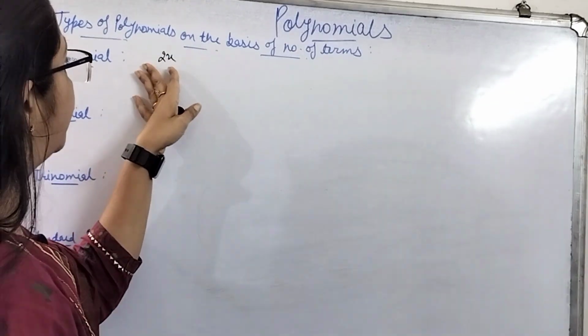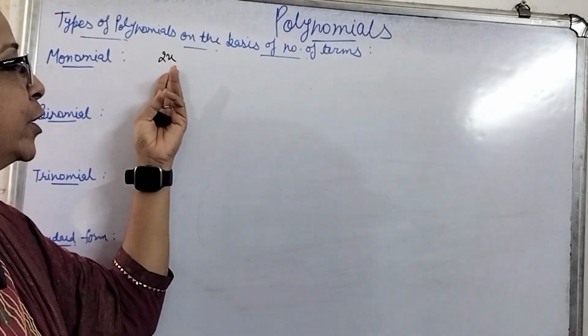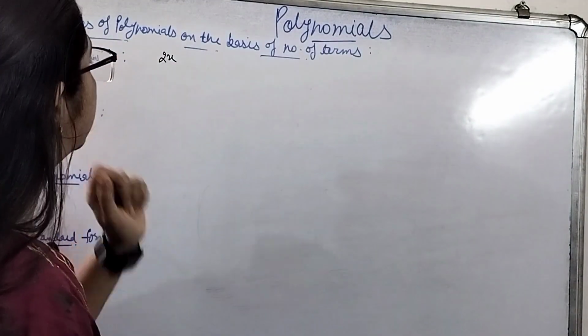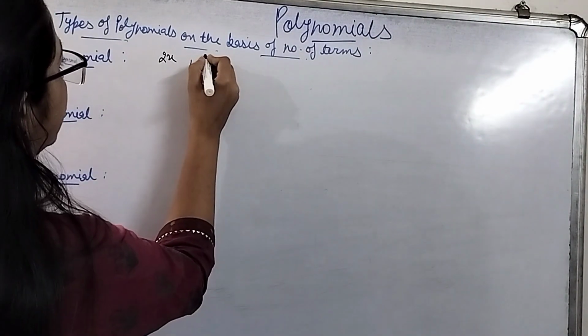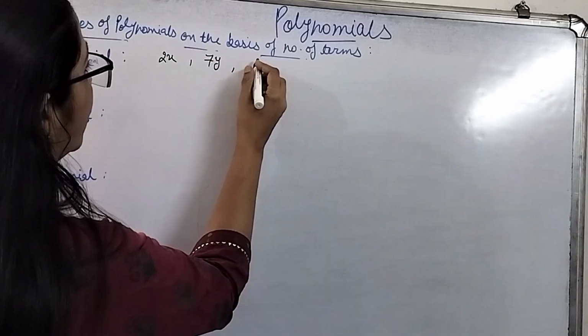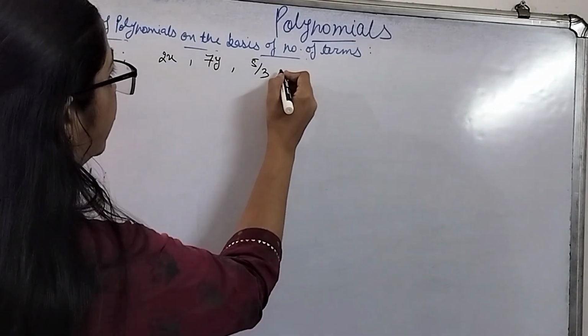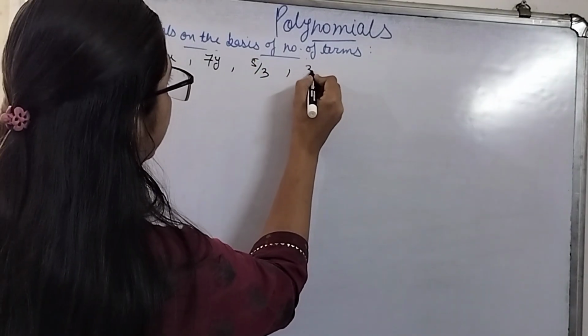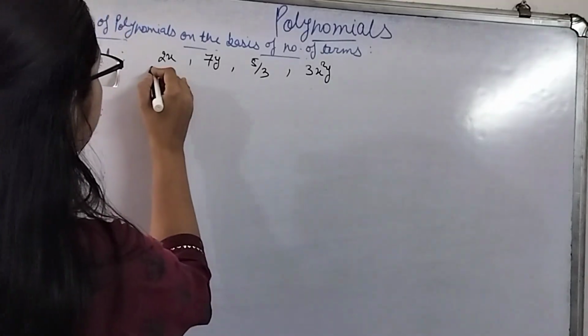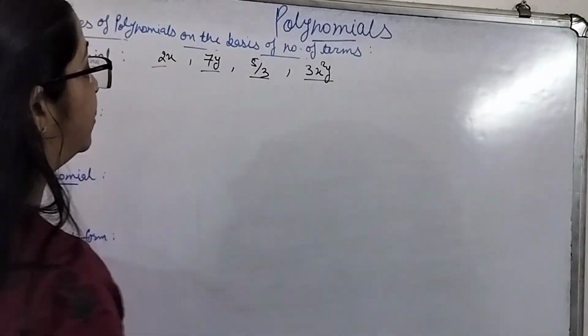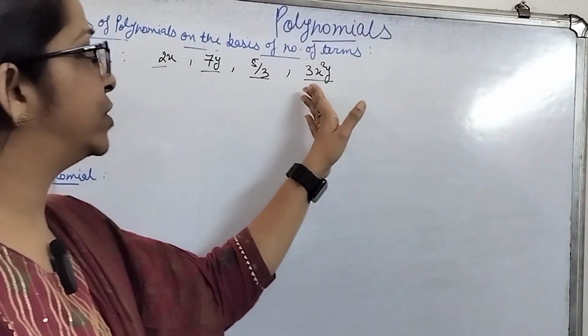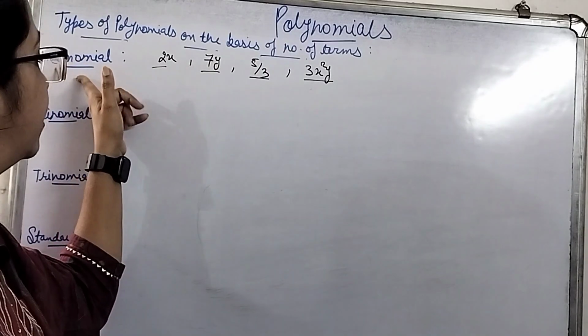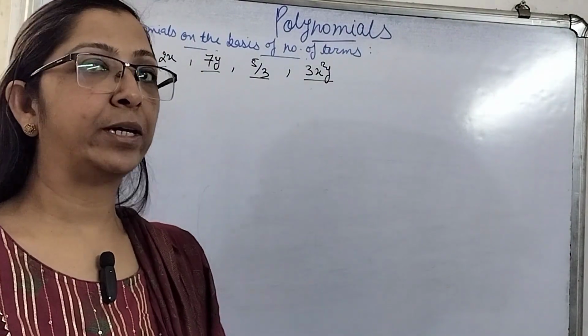If this is the polynomial, then it will be a monomial because it has only one term. Similarly 7y, or 5 upon 3, or 3x square y, all these have only one term. So such polynomials which have only one term are known as monomials.